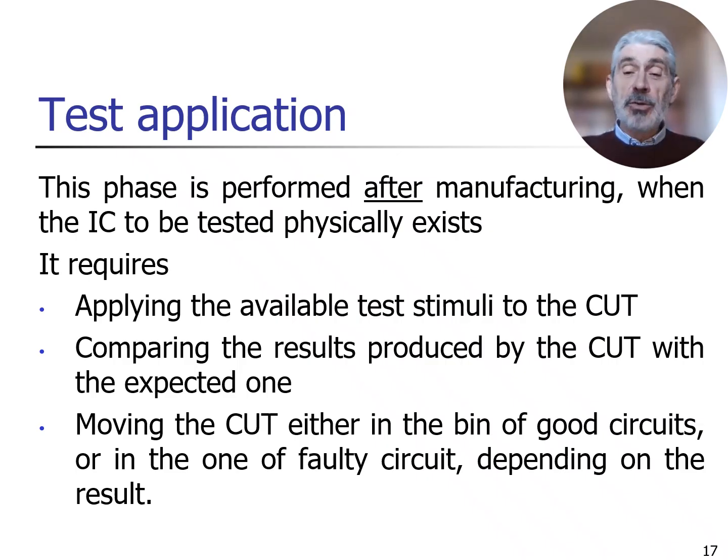Then, according to the result of this comparison, if there is a mismatch, the circuit will be labeled as faulty and put in a different bin, or it will be labeled as good and it will be typically delivered to the customer.